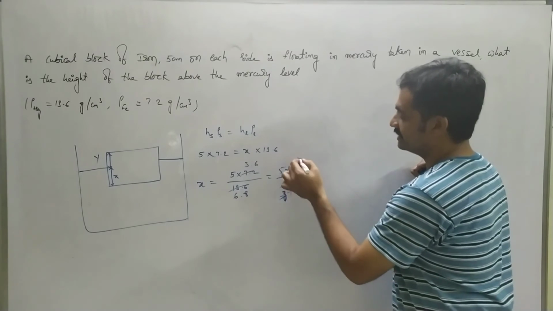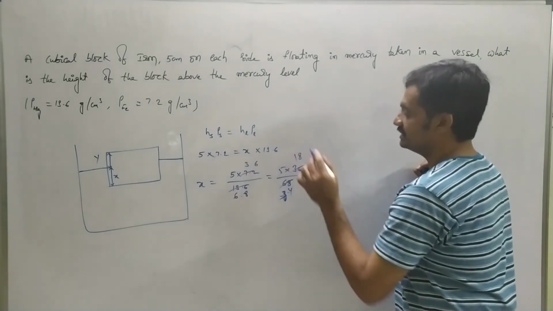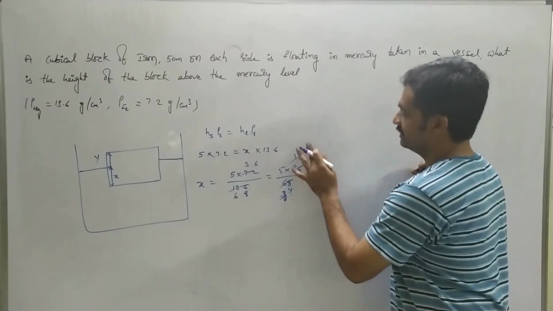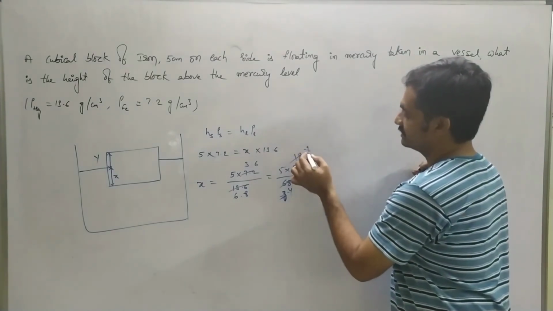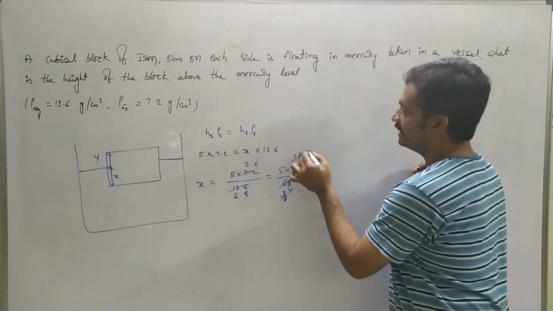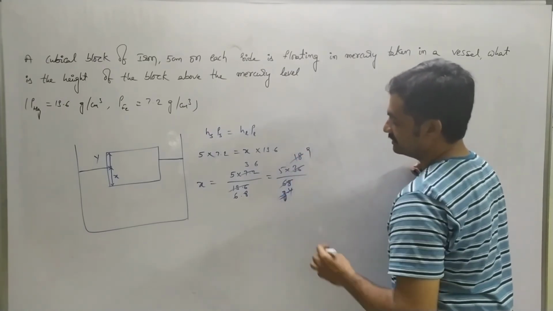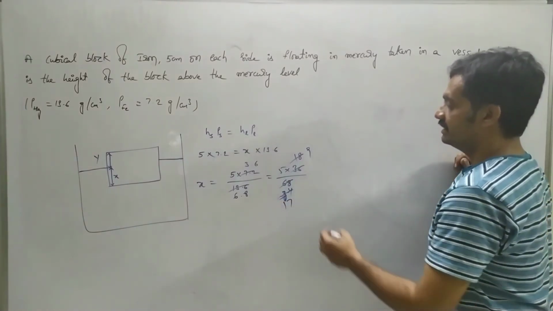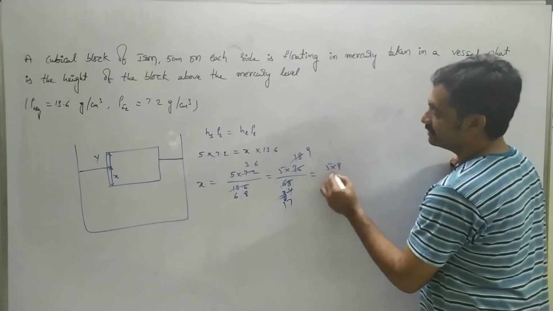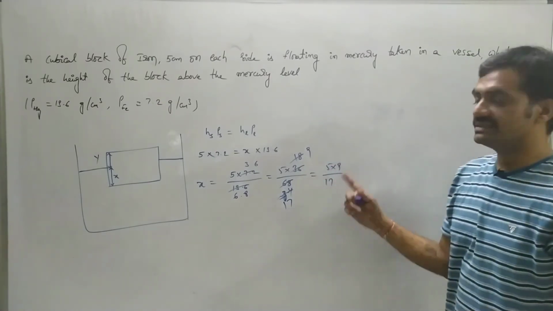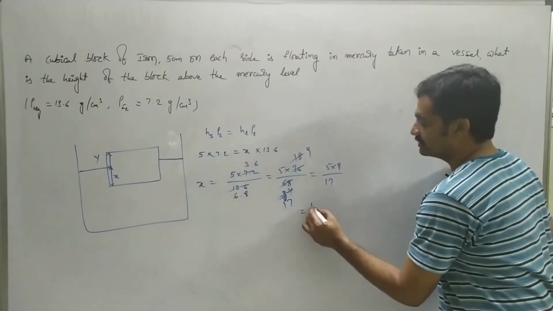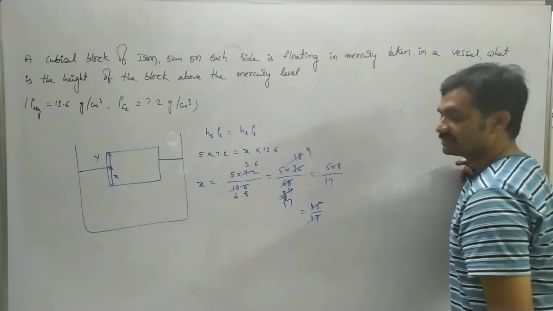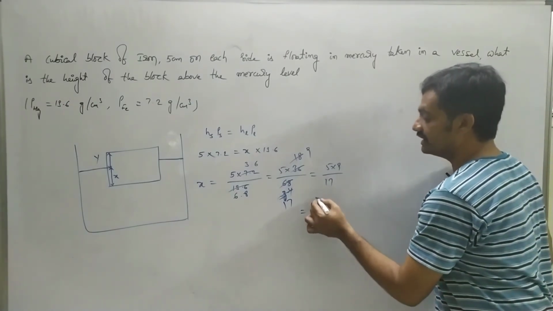Next here observe that 2 ones are 2, 8 twos are 16, 9 ones are 9, 9 twos are 18, and here observe that 2 ones are 2, 7 twos are 14. So the remaining term is 5 into 9 by 17, 9 fives are 45. So here we have 45 by 17, 17 twos are 34.